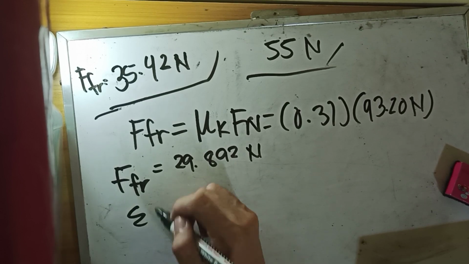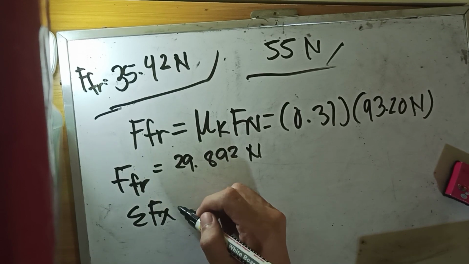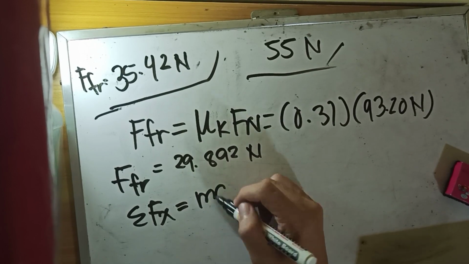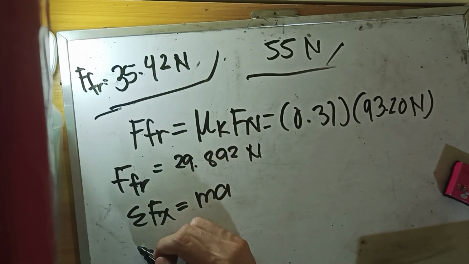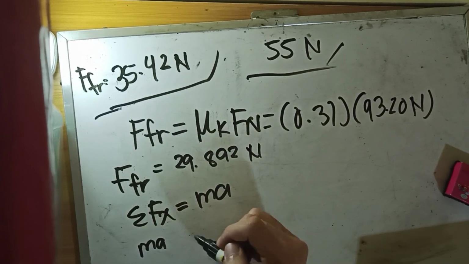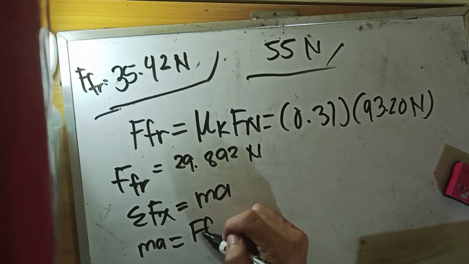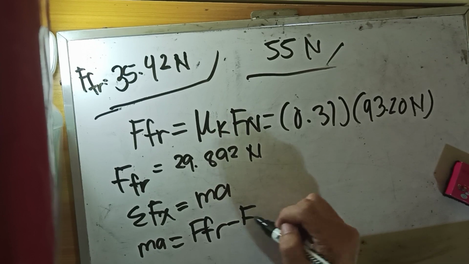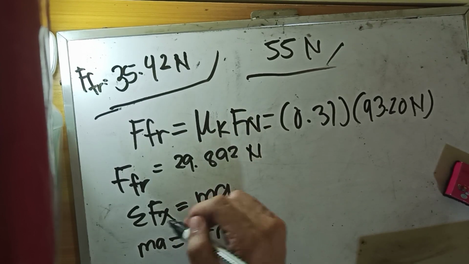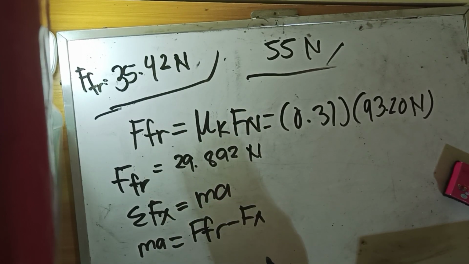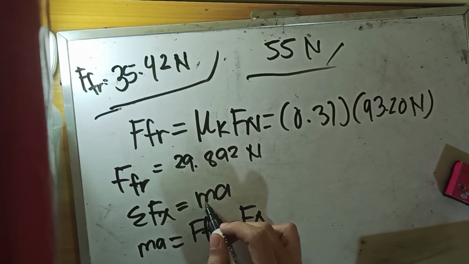So, ayan. Summation of forces, mass multiply sa acceleration. So, yun na lang din naman yun. Mass multiply sa acceleration is equals to force of friction minus force applied. Same lang yan, ha? Equal yan. Summation of forces is equals to mass times acceleration. So, ayan. Pinalitan lang natin to neto.